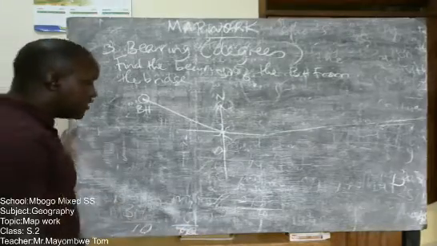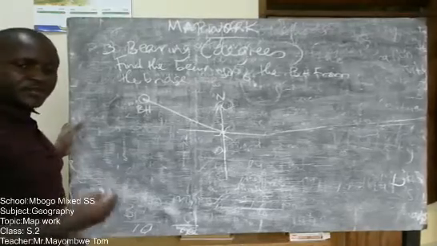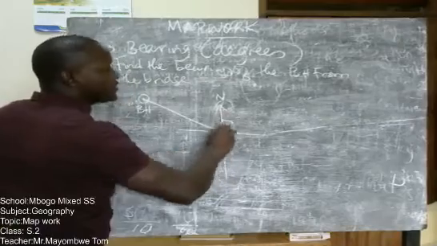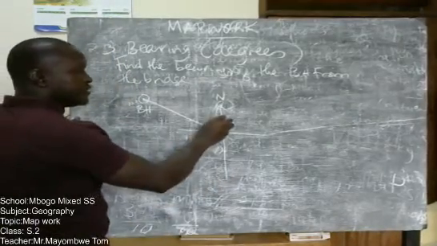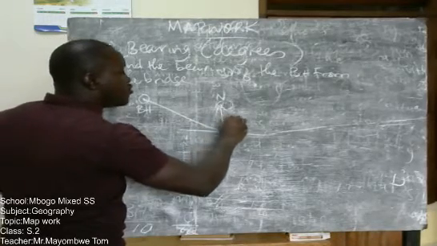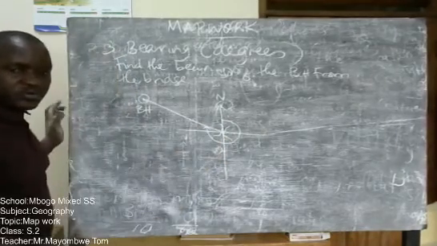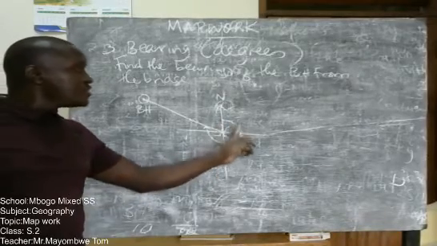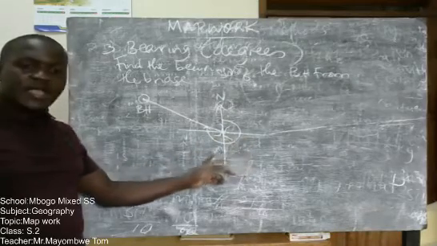You start from the north of that place which is coming after the word from. Here, you move clockwise. Clockwise is the way the minute hand moves. You move clockwise until you come to the line which joins the two places. So to get the bearing, measure the size of this angle.